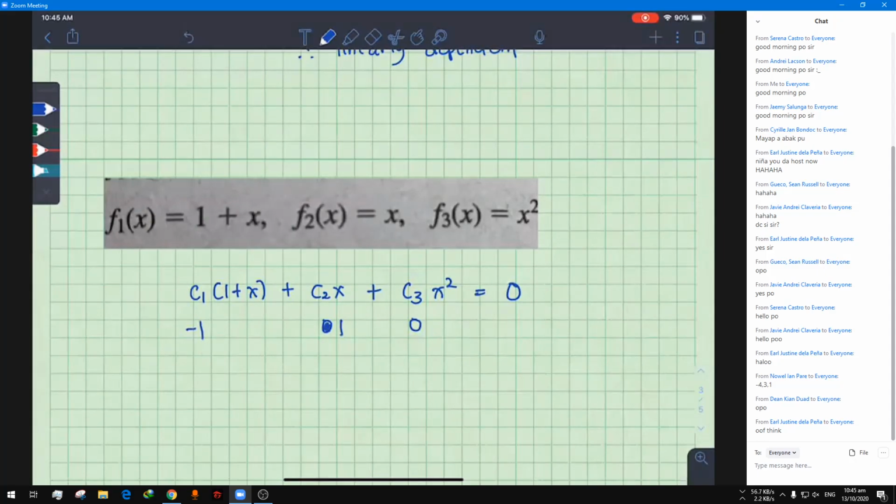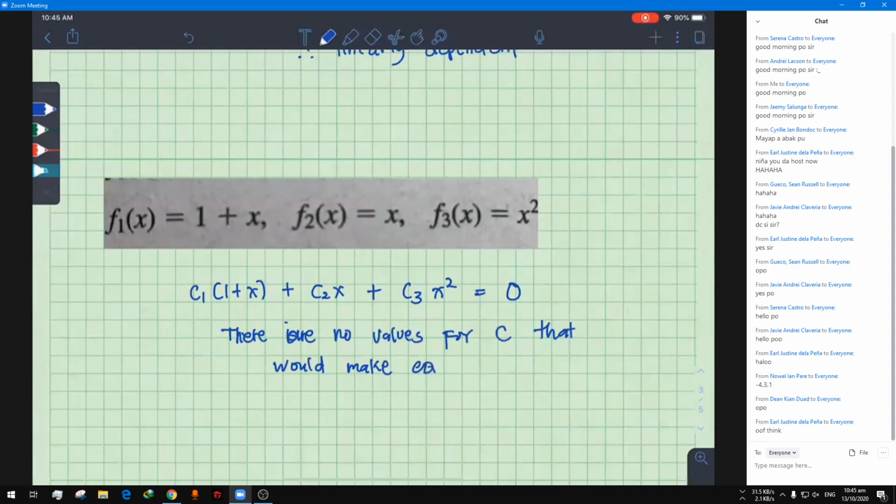So in reality, for this particular example, there is no combination. There are no values for C that would make the equation equal to 0.